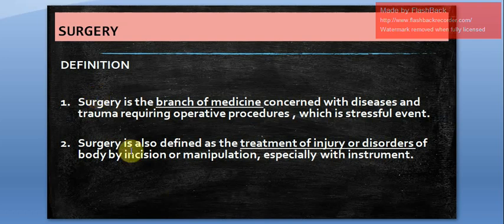So that is the definition of surgery. Surgery is a branch of medicine that is concerned with operating. Usually it is a stressful procedure and it involves using incision or manipulating by the use of any instrument. So that is called a surgery.